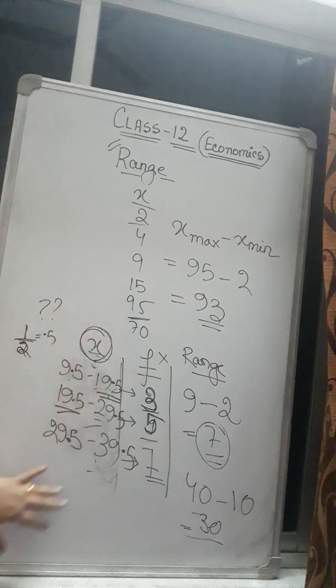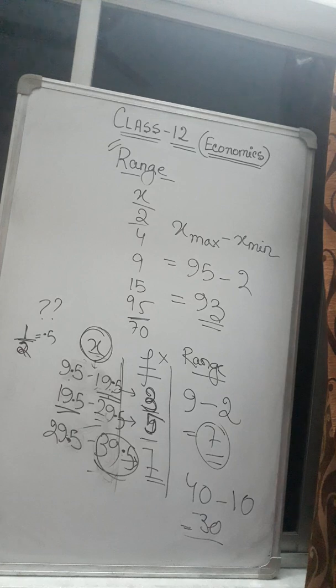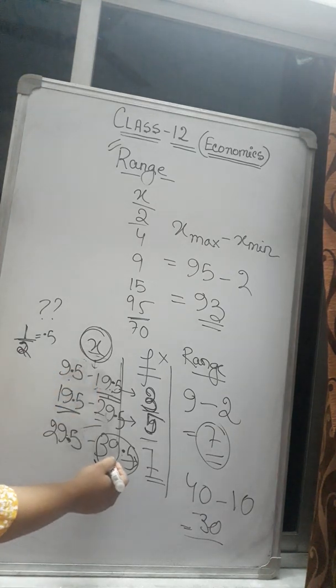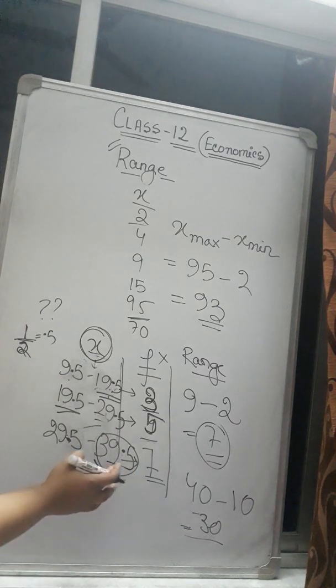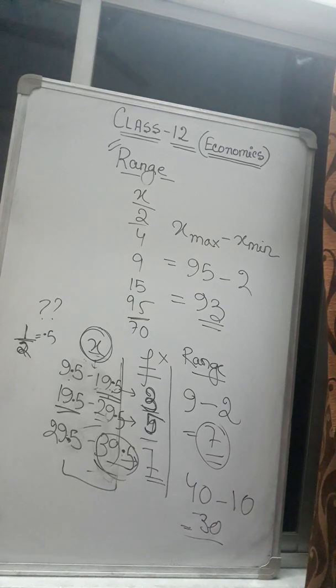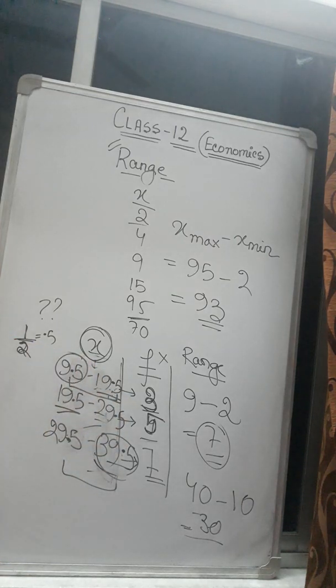Now when you have converted it into a continuous class interval, you can find the range by the same method, that is, the maximum value of x can be 39.5, the upper class boundary of this class, minus the lowest value which x can take, the lower limit.